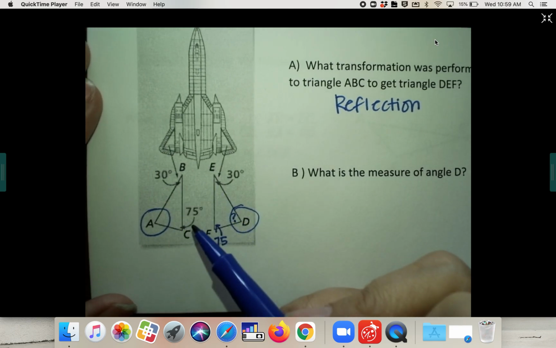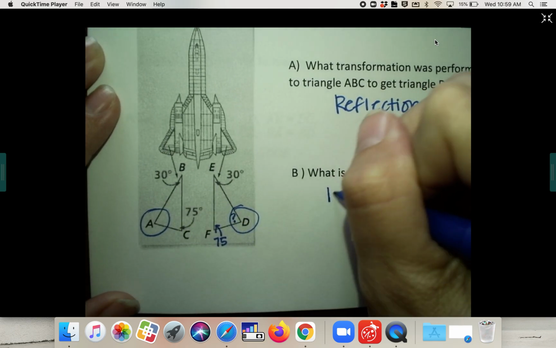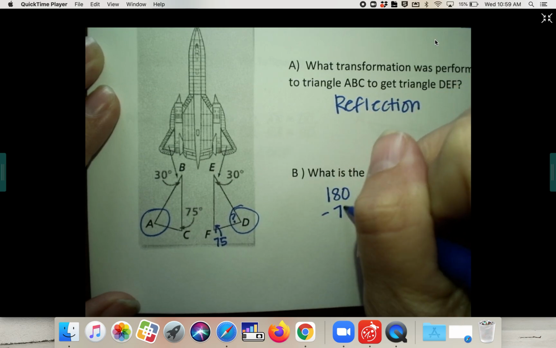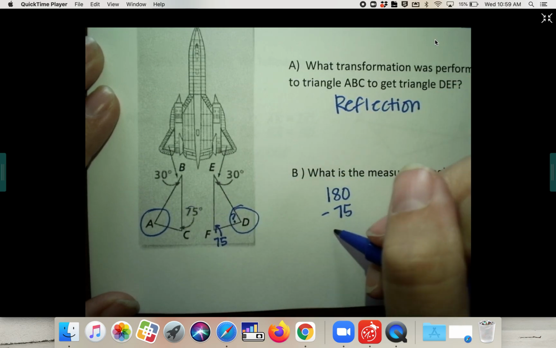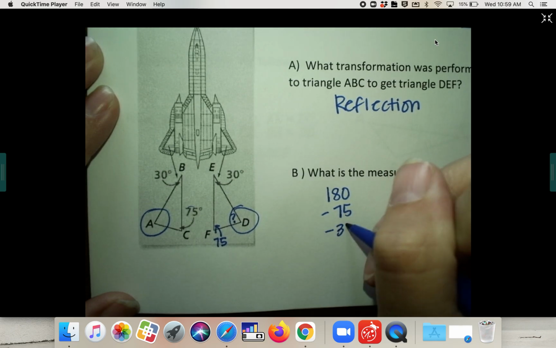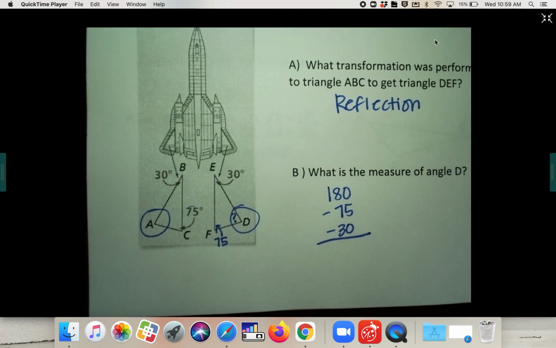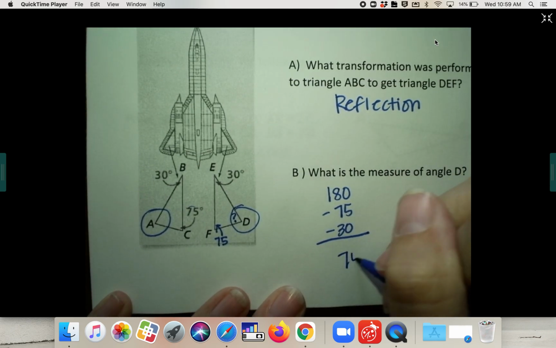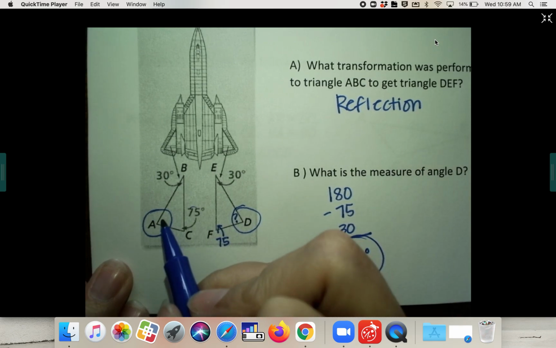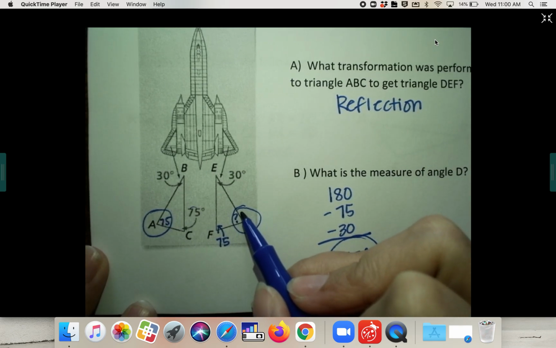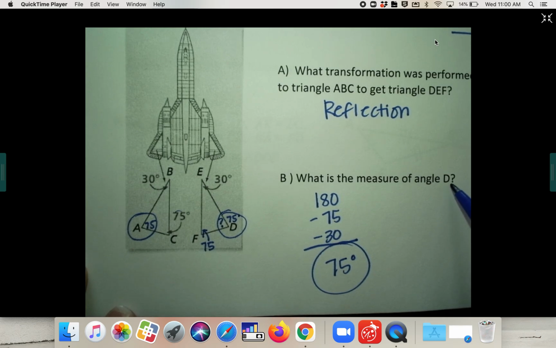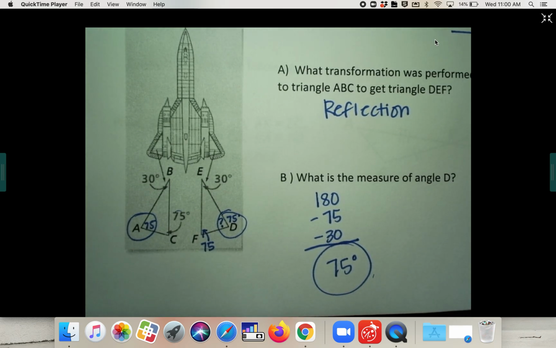And we know that they all add up to 180. So I'm just going to do 180 minus the 75 from this angle minus the 30 from this angle. And when you subtract all of that, it leaves 75 degrees. So that means A has to be 75, but also our question, which is what is D? D also measures 75.